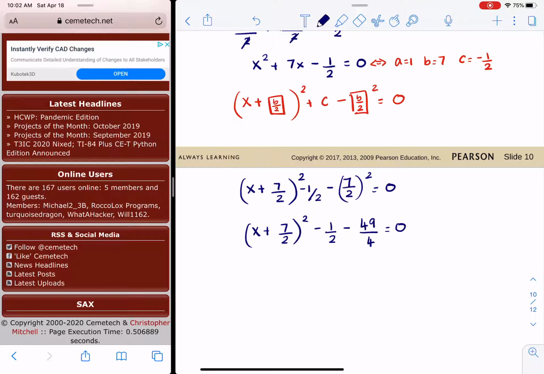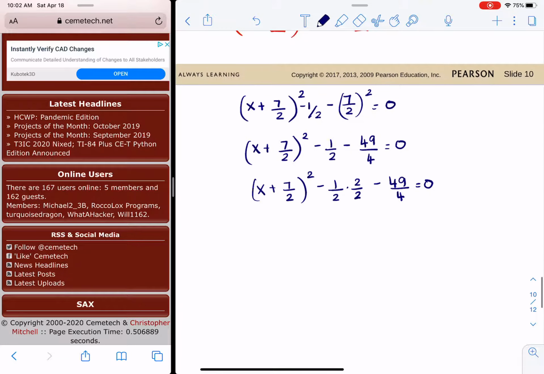And we would want to combine negative 1/2 with negative 49 over 4. And we could do that if we have a common denominator. So I'm going to multiply and divide negative 1/2 by 2. So I will have x plus 7 over 2 squared minus 2 over 4 minus 49 over 4 would equal 0.